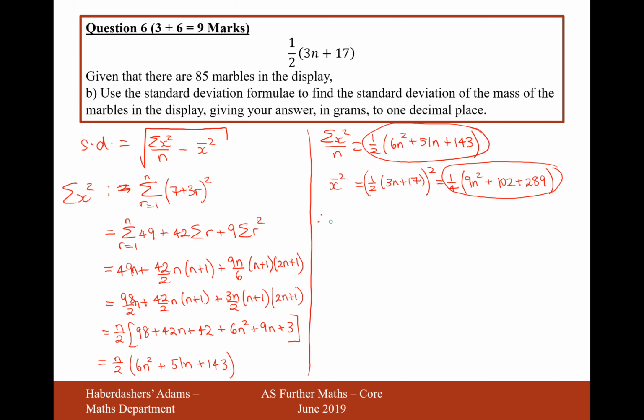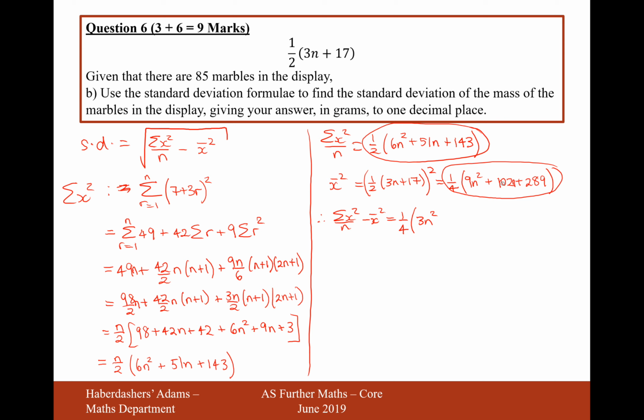So therefore, the sum of x squared over n minus the mean squared is going to equal, let's factorise out a 4, so it's going to be a quarter. Now I can double all of these numbers inside here, so it's going to be 12n squared minus 9n squared, that would be 3n squared. Then it would be 102n minus 102n, that will cancel out.